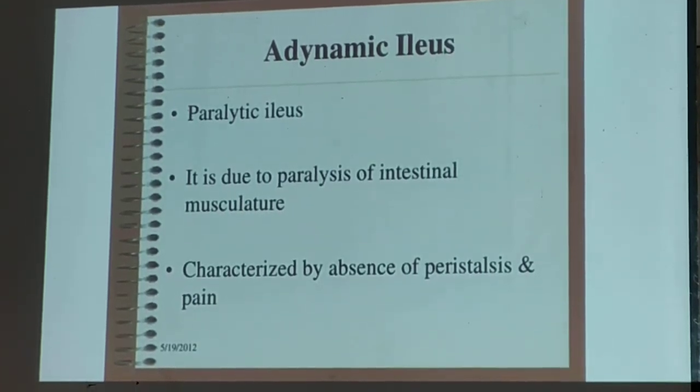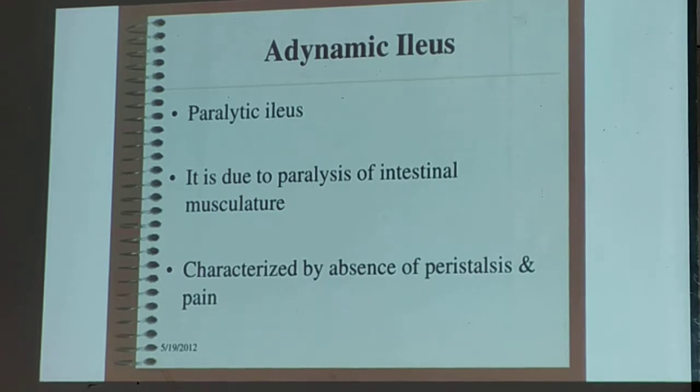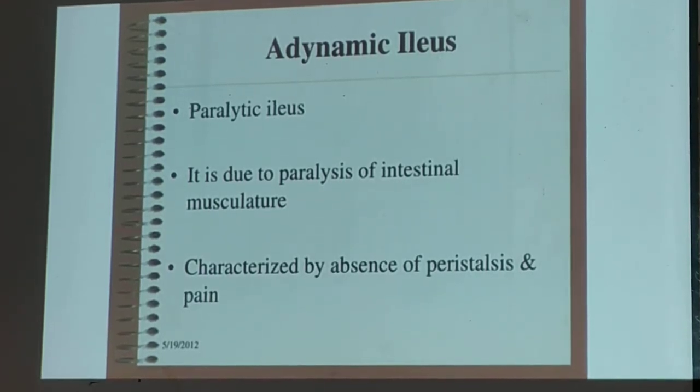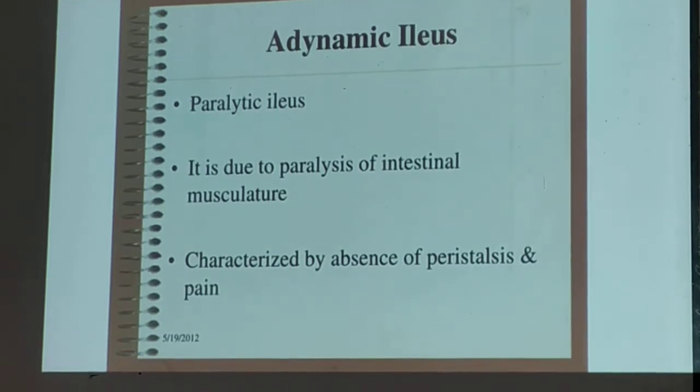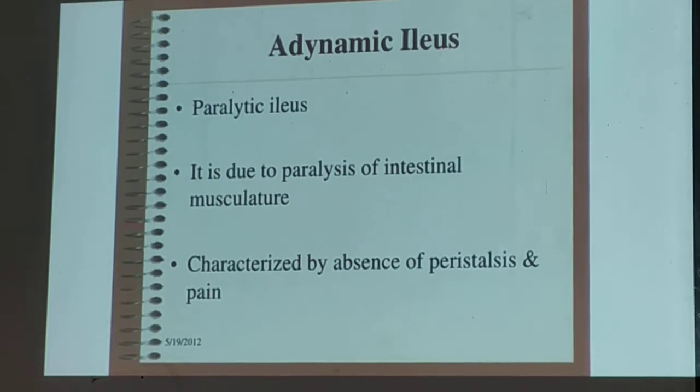Okay? And then look for a localized ileus at the right lower quadrant area. That could be a sign or a subtle sign for your acute appendicitis.